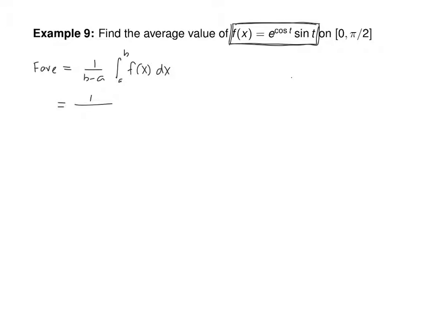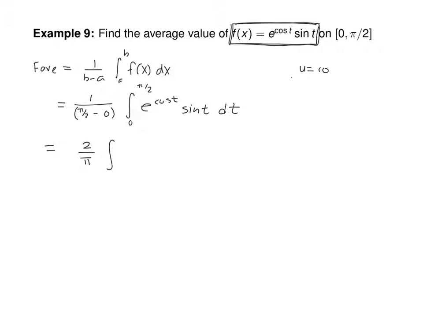So 1 over pi over 2 minus 0 times the integral from 0 to pi halves e to the cosine t sine t dt. That's the same thing as 2 over pi times the integral. Now to evaluate this integral, we need to use substitution.